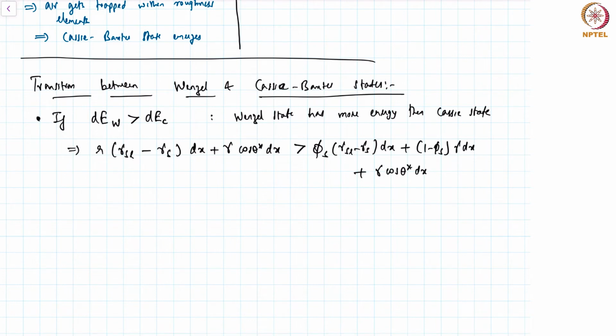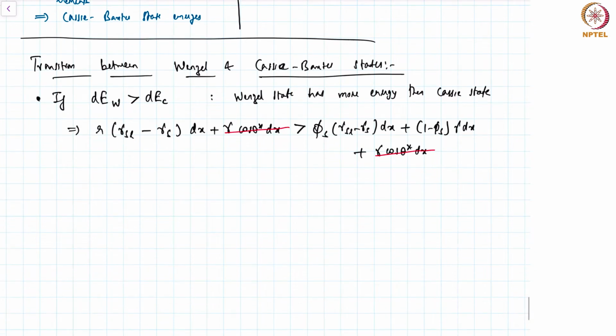Let's look at some of the terms which get cancelled out. Clearly, this last term does not matter because you're not changing the area of the liquid-gas interface. And we can also cancel out dx on all sides.